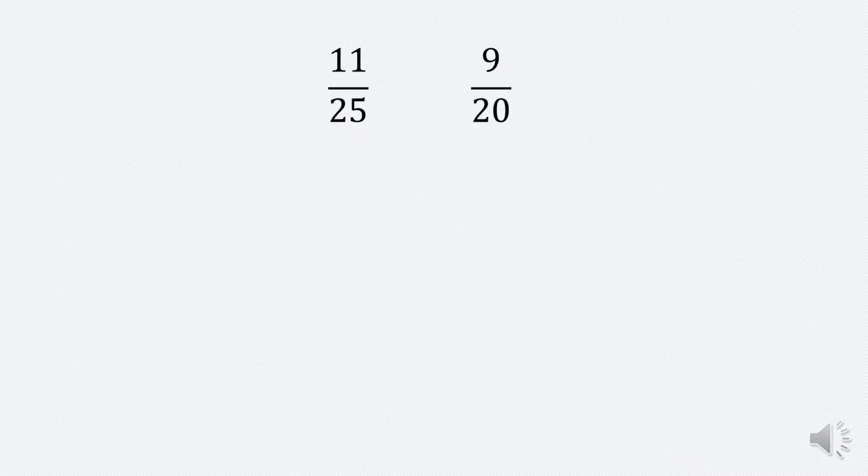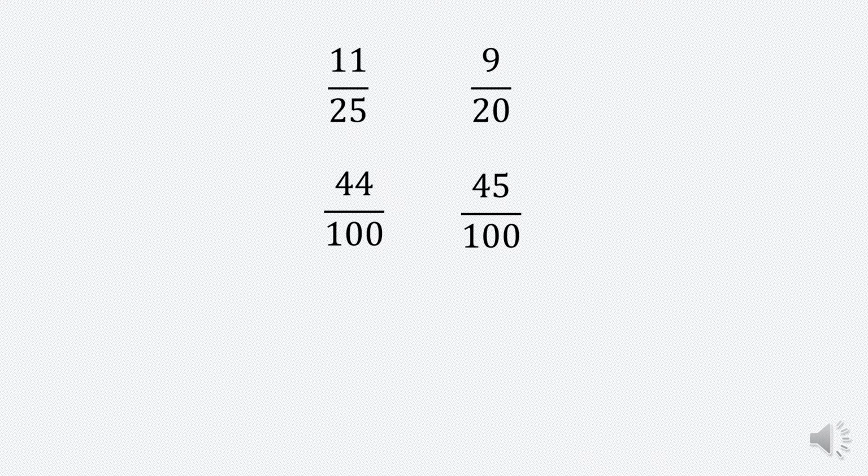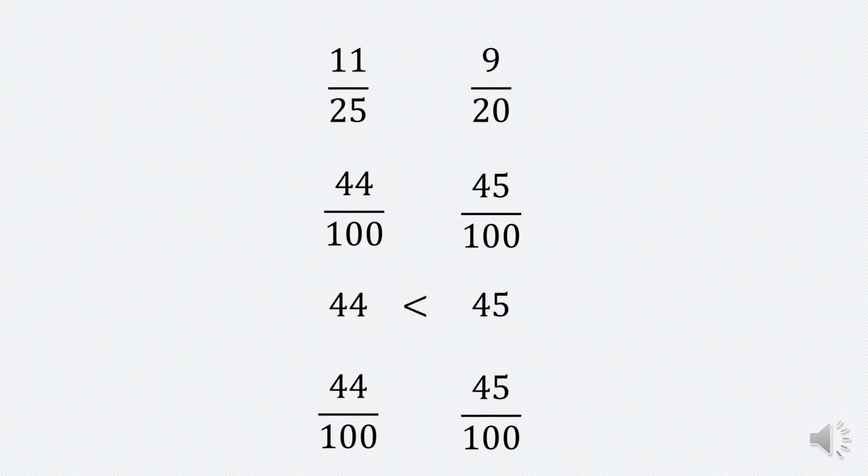I can multiply 11 over 25 by 4 over 4, and get 44 over 100, and multiply 9 over 20 by 5 over 5, and get 45 over 100. Now we can compare these two. They have the same denominators, so the one with the bigger numerator is the bigger fraction. 45 is clearly bigger than 44, so 45 over 100 is bigger than 44 over 100.